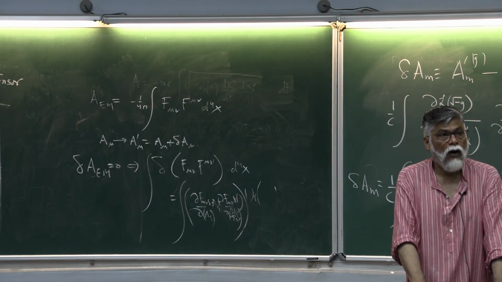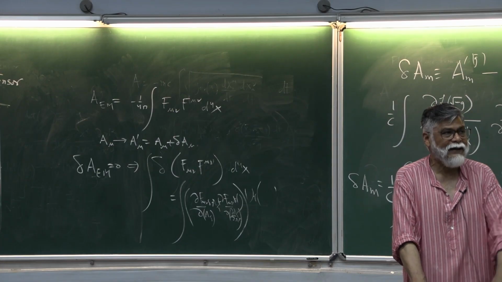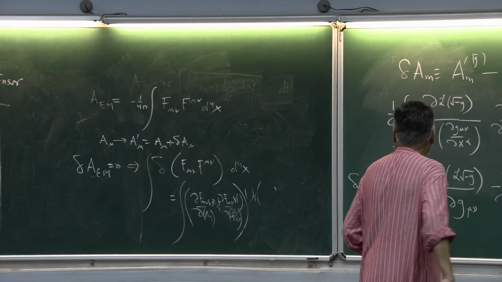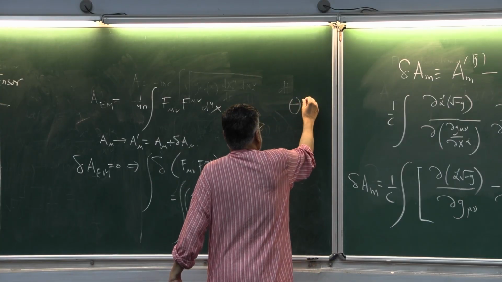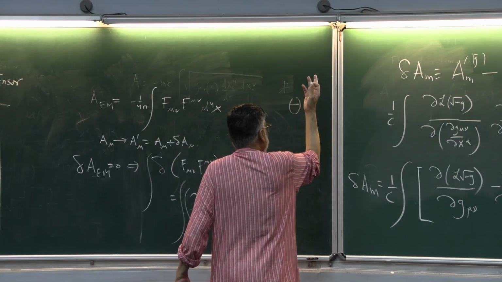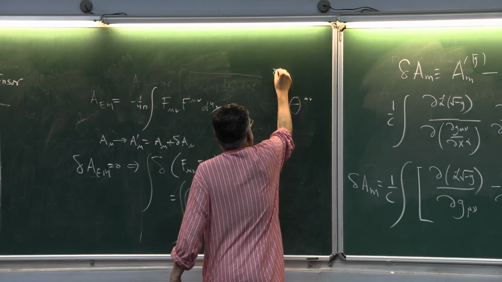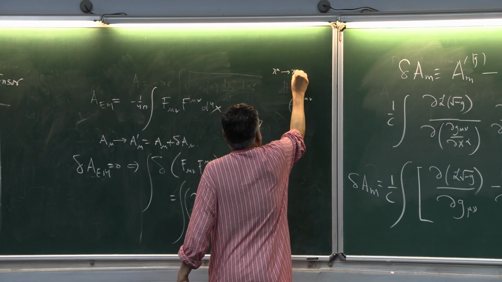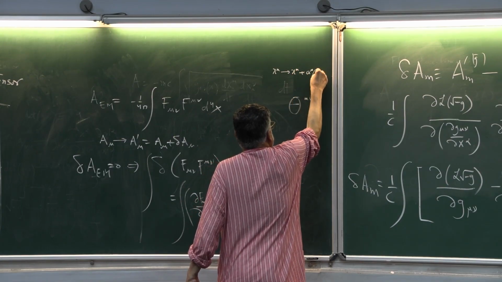Then when you obtain that way the conserved energy momentum, you'll get a T mu nu, let's call it theta mu nu. That's what quantum field theory people will say. You'll get a theta mu nu from that analysis by imposing that under x mu going to x mu plus a translation, but you make it space-time dependent.